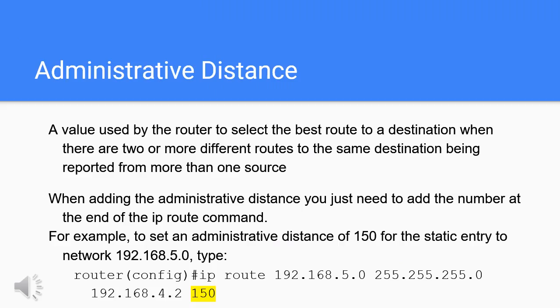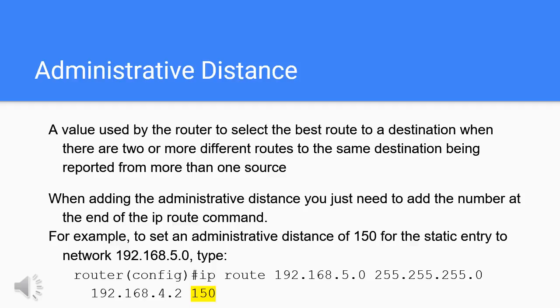It is used by the router when there are two or more different routes trying to go to the same destination from one source. It selects the best route to get you to your destination.